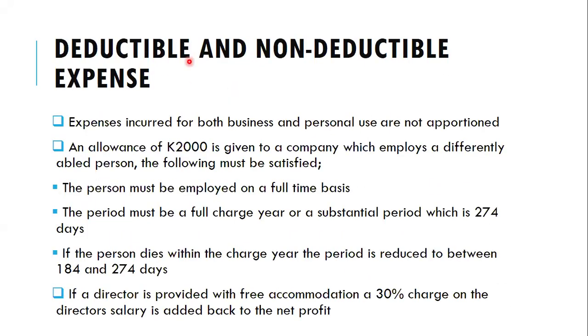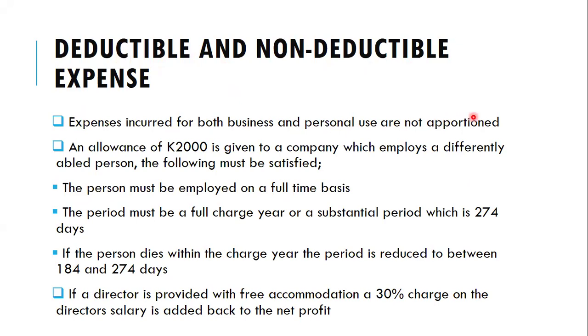Okay. So now deductible and non-deductible expenses. The idea with company income is just the same as that of sole traders and partnerships, but there's only a slight difference. Expenses incurred for business purposes and personal use are not apportioned.